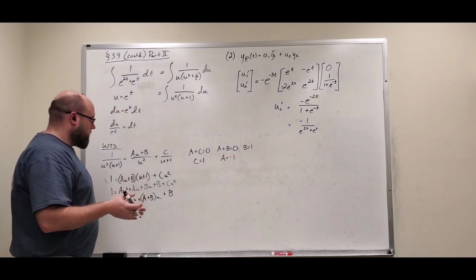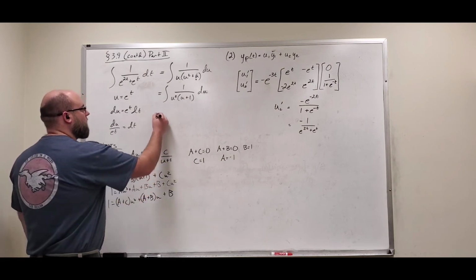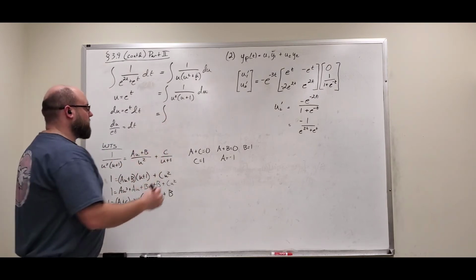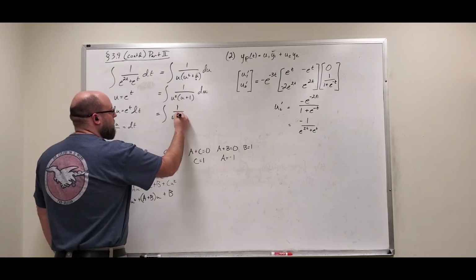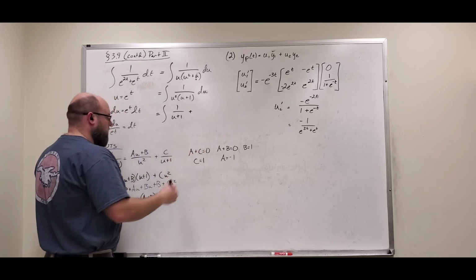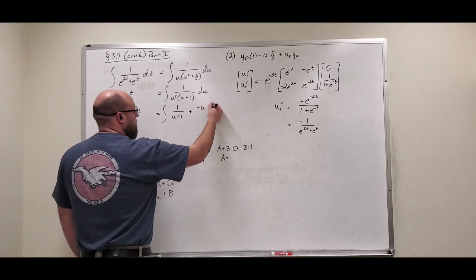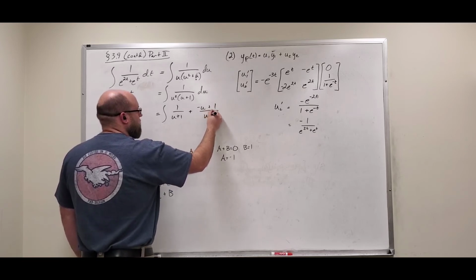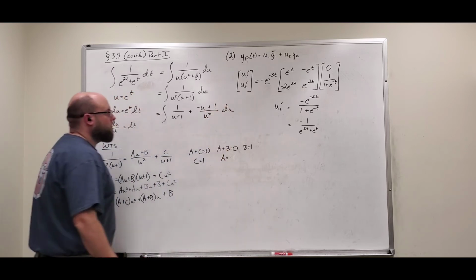All right. So now we just plug those in. So I'm going to rewrite this just to help out a little bit. So my c is positive, so I'm just going to have that guy out in front. Minus, and we'll say plus, negative u plus 1 divided by u squared du.